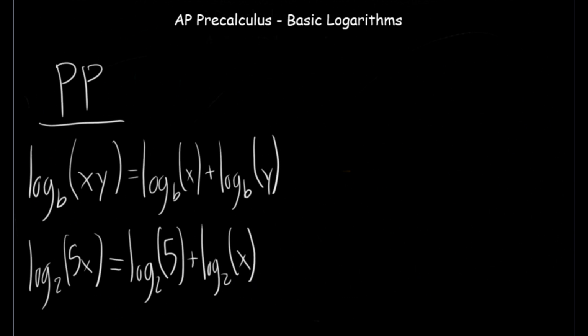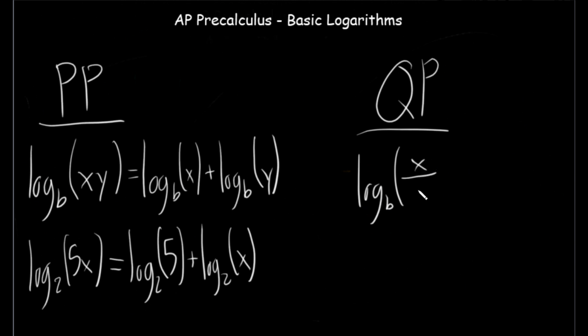So when you're adding two logarithmic expressions together, you're basically multiplying x and y together to get the log of the same base of xy. So that makes sense.